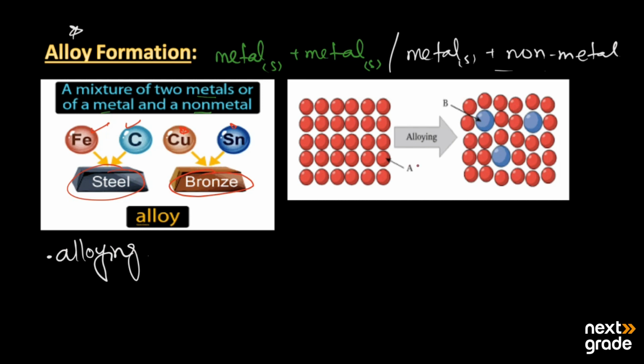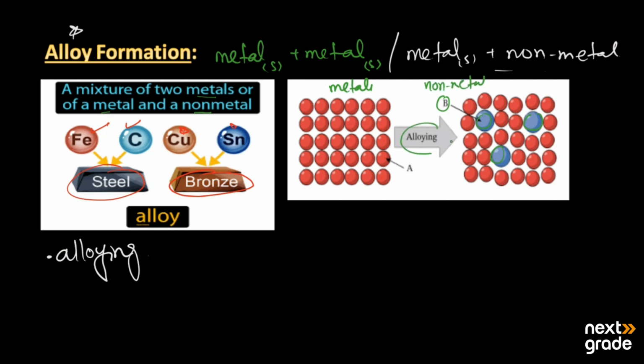So here, this is a simple picture describing alloy formation. We have all these atoms, which are called the metal atoms. And here, there is just the attachment of the B elements, which are non-metals.